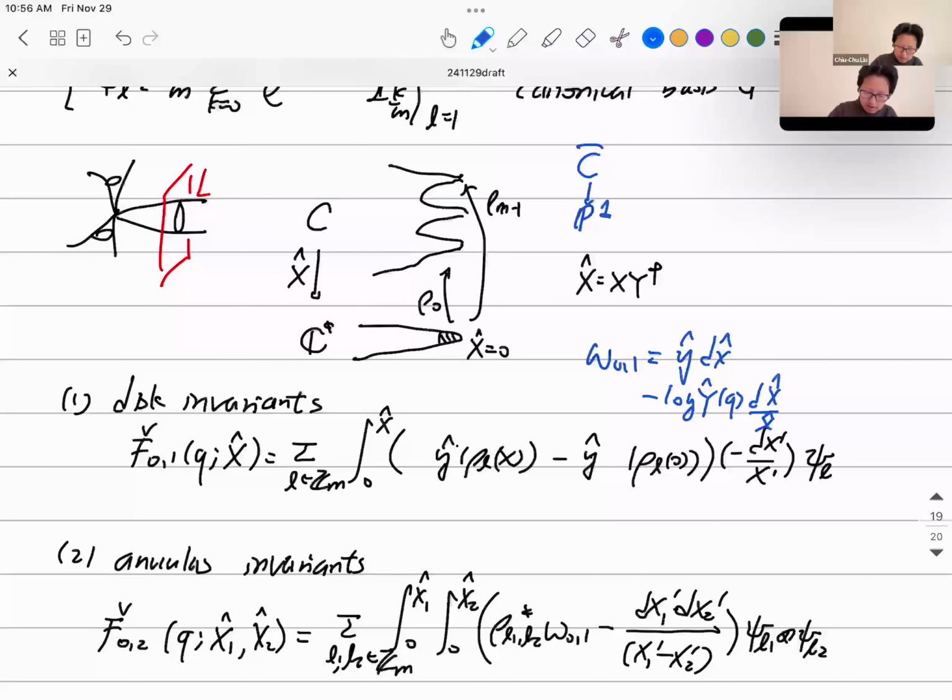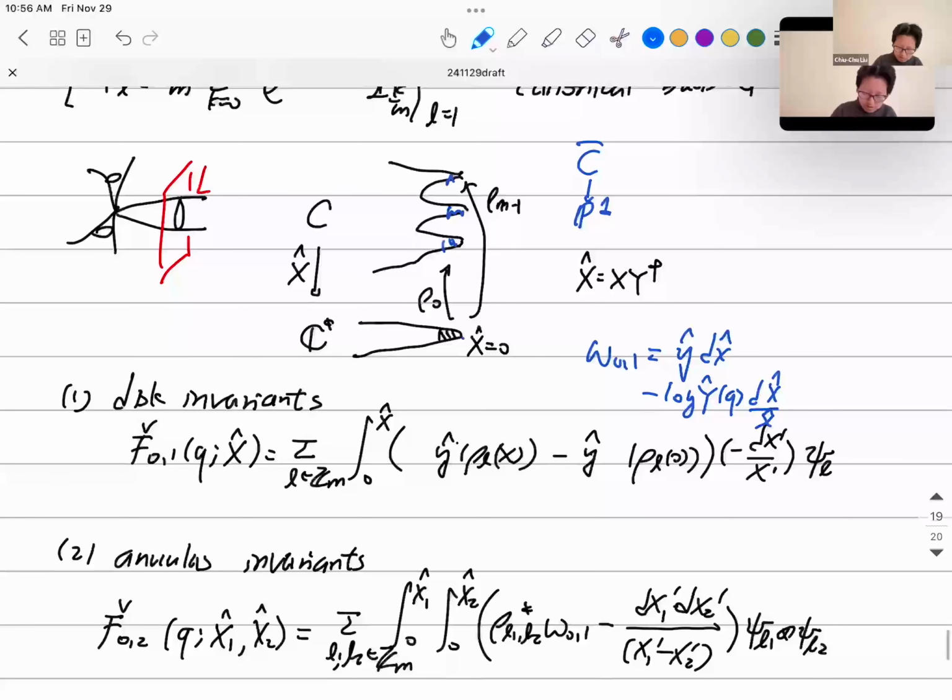And let's look at this: 0 is not a ramification point after we extend it. So this holomorphic coordinate x hat near 0 on P1 gives good holomorphic coordinates on these punctures.